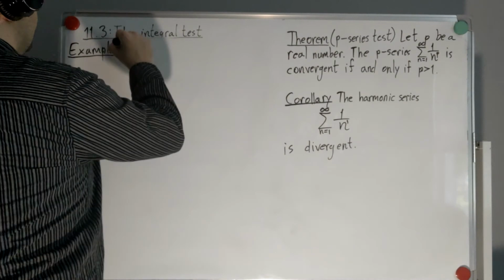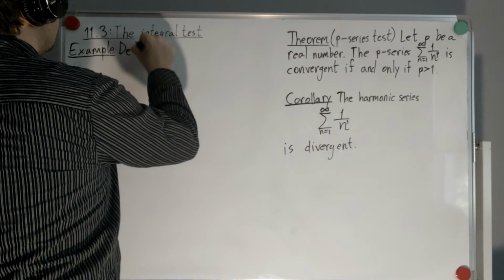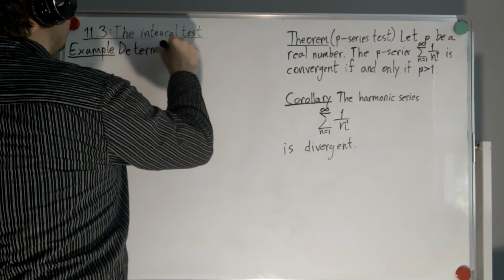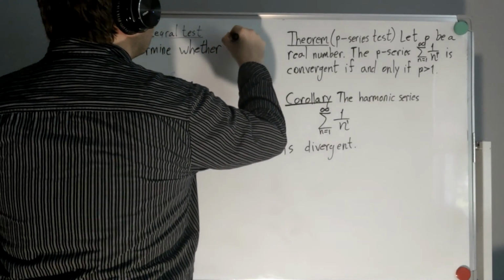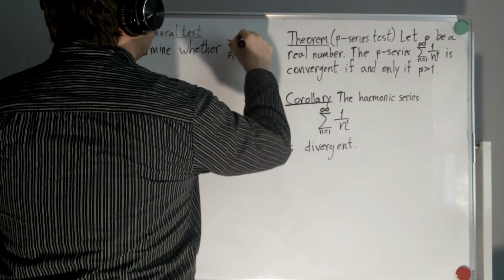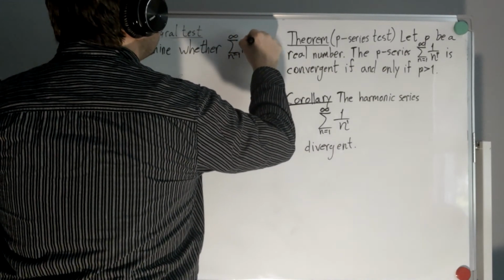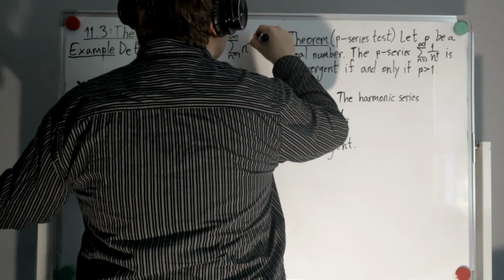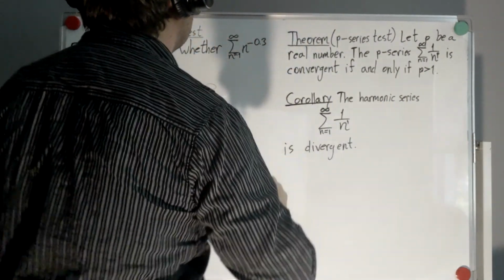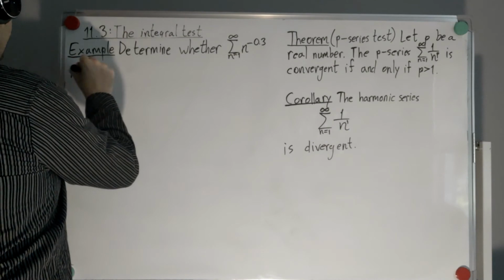I want to determine whether the series sum from n equals 1 to infinity of n to the negative 0.3 is convergent or divergent.